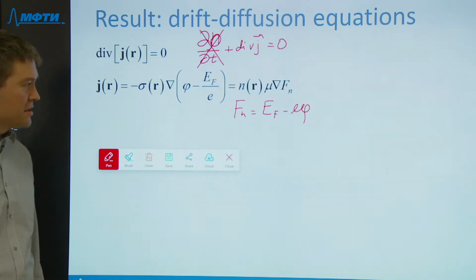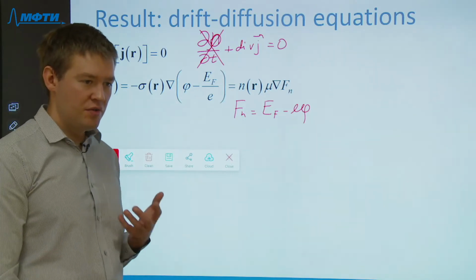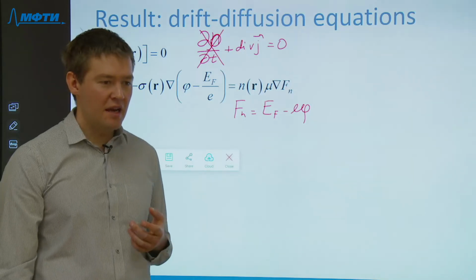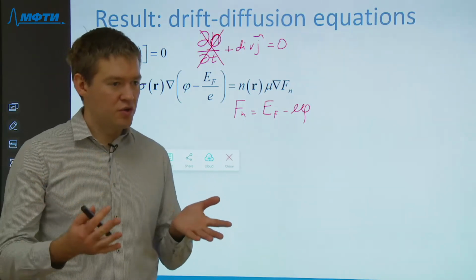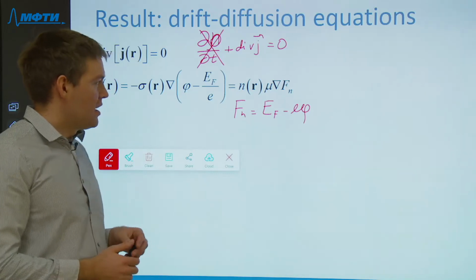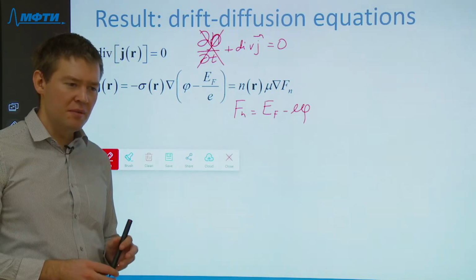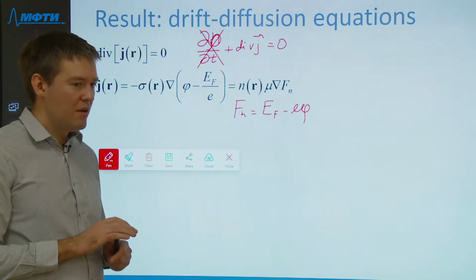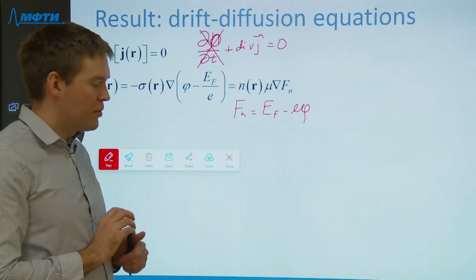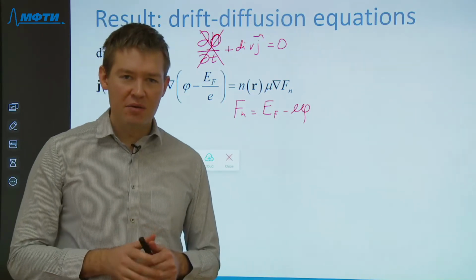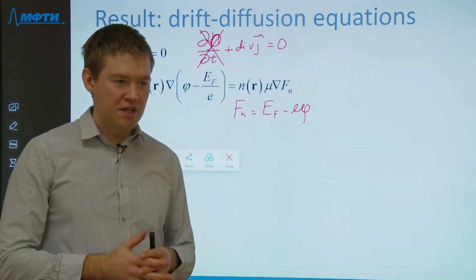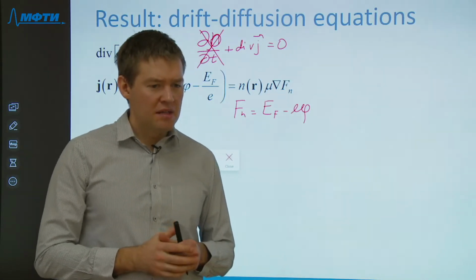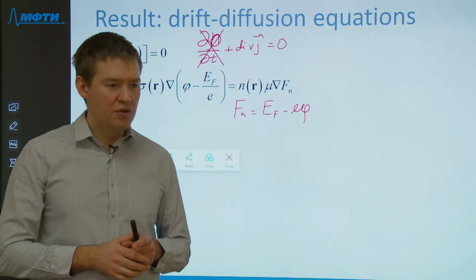These equations should be solved together to find the charge carrier transport in any semiconductor device with two contacts. The situation is actually not so simple, because there should be one more equation to fully describe the electrical transport in any confined semiconductor structure. Probably some of you remember which one.